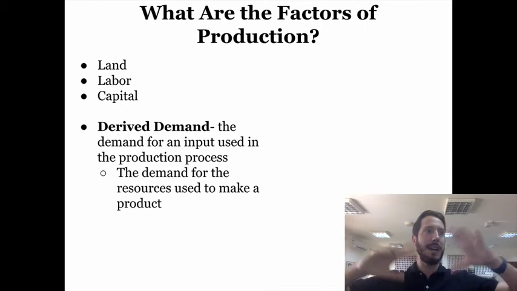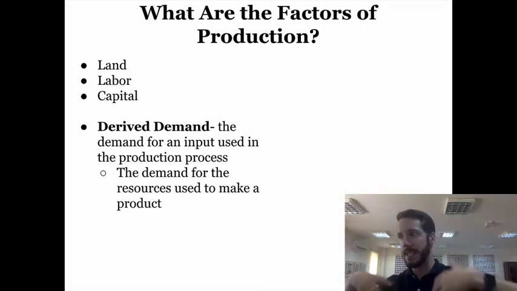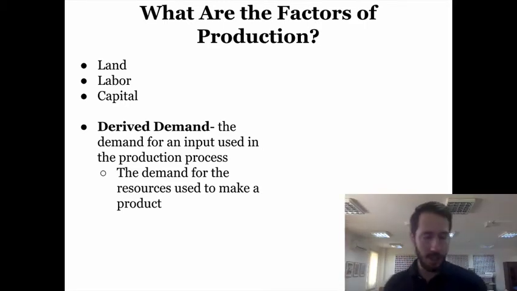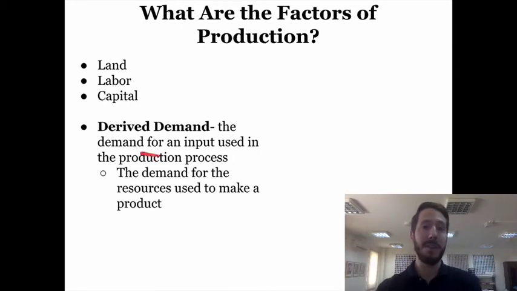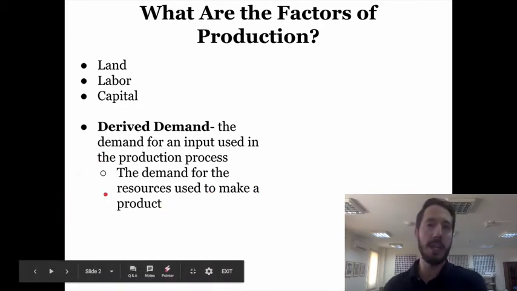So capital is all the other equipment, resources and raw materials you need to produce your product. Derived demand is the demand for an input, which could be land, labor, or capital, that's used to produce the product that you're trying to get consumers to buy. Derived demand is the demand for the resources used to make your product.